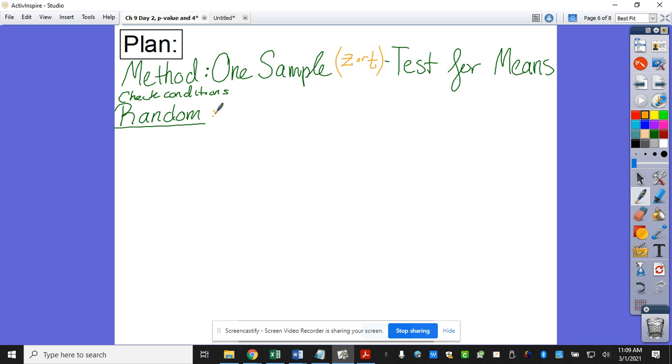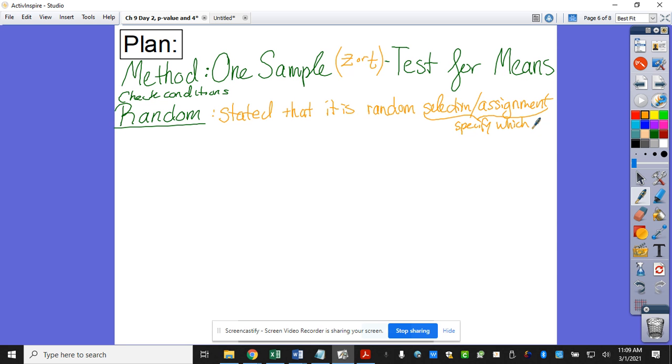I've told you I vary it a little bit class to class, but I want yours to stay consistent. Whichever way you wrote it before, write it the exact same way.